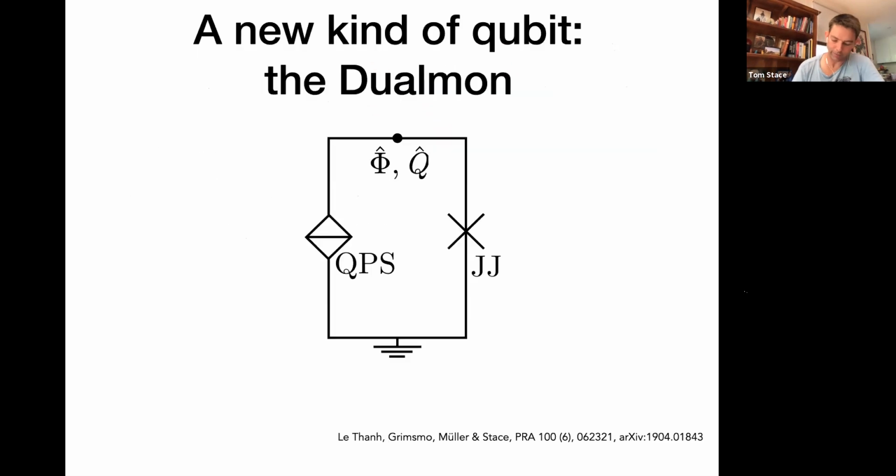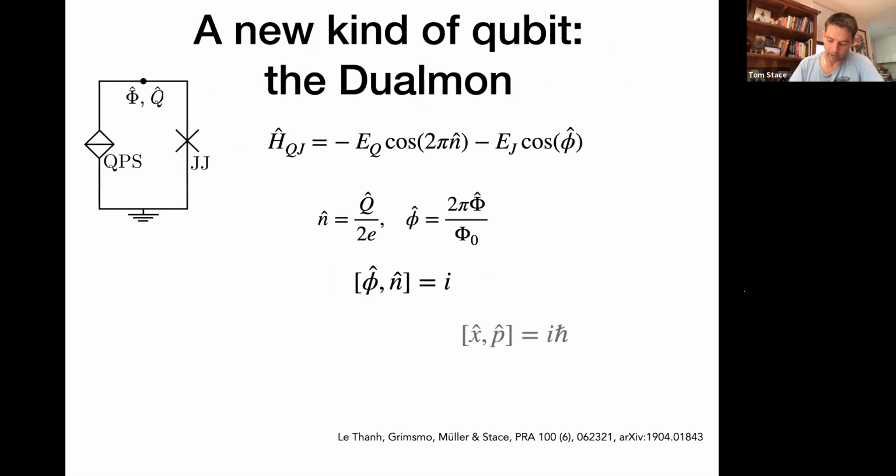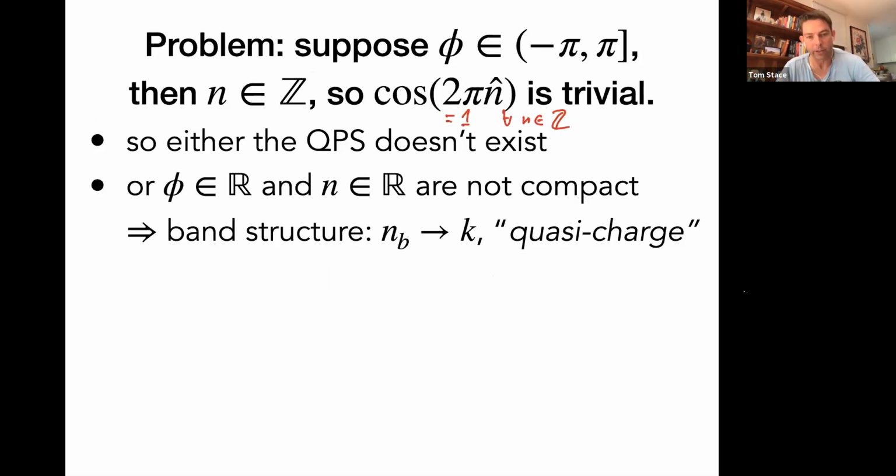So that tells you that if I have this device and I assert that the flux or the phase is compact, then the cos 2 pi n term has to just be the identity. It's trivial. And so I may as well have not put the quantum phase device into the circuit in the first place and just had a Josephson junction sitting in isolation. That could be one conclusion.